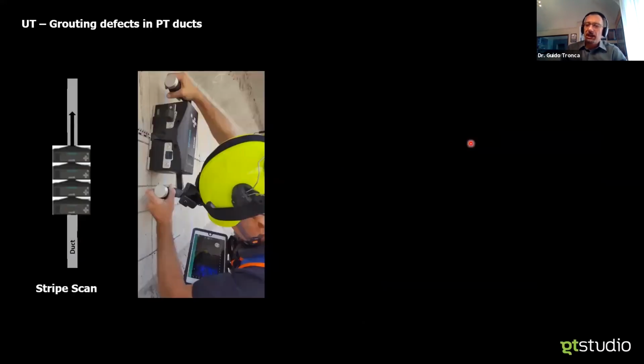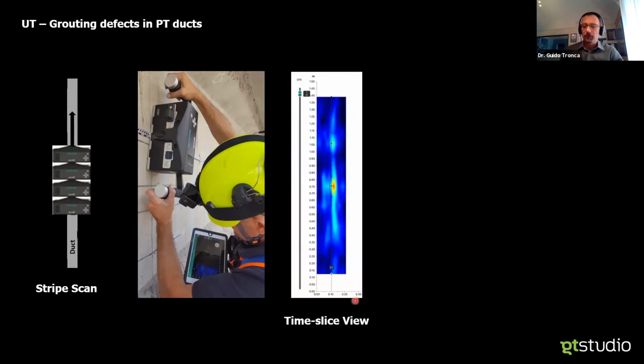Now, when bringing this approach on-site, it is quite often preferable to perform the so-called stripe scan. So you are a little bit more sure of centering your duct by several measurements, collecting an aerial overview, a time-slice view, just like GPR did. I collected a number of single scans here, and the app will put together the image, and then I decide to look at this image at a given depth.